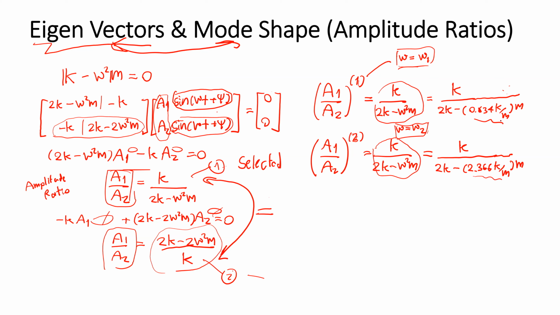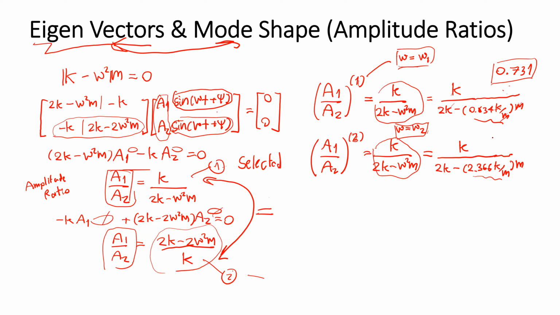If we compute this by the calculator, for the first mode, you can see we have m, and we can cancel, and k also we cancel. And finally, the ratio of the magnitude will be 0.731. You may check it if you have the same value as I have, if you have time.